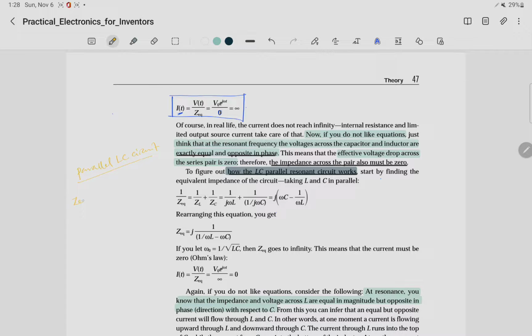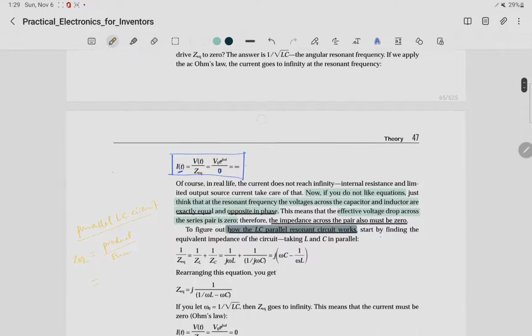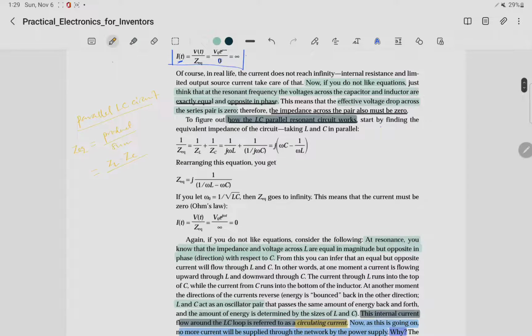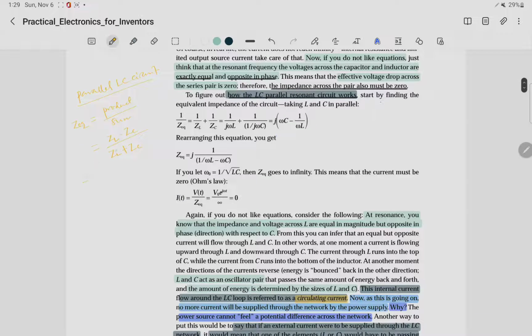The equivalent resistance or equivalent impedance of two elements in parallel is the product over the sum. Since we have L and C, we're going to have ZL, the impedance of the inductor, times the impedance of the capacitor, over the impedance of the inductor plus the impedance of the capacitor. So what is this?